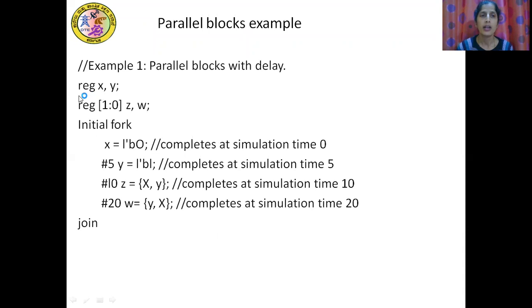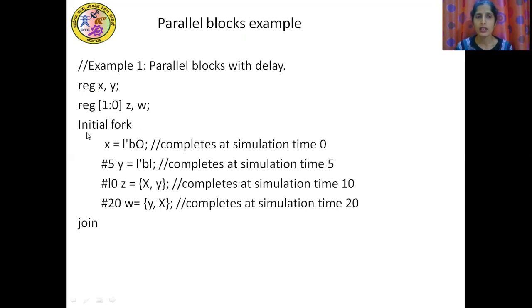In this example, we have X and Y declared as registers and Z and W declared as 2-bit registers. We have considered the same example which we had considered for the sequential block, for better understanding.